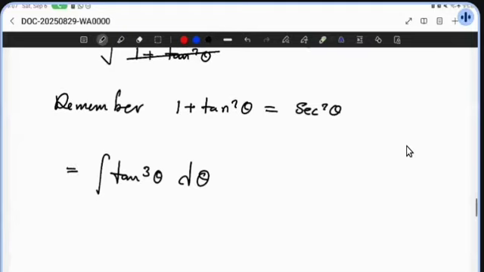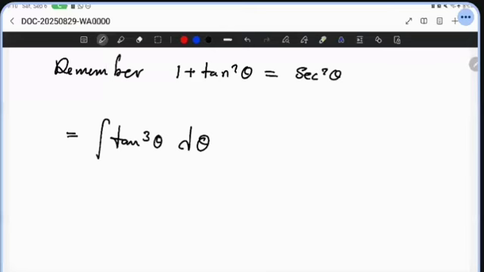How do you integrate tan to the power 3 theta? You guys have forgotten your integration. So to integrate, just as you guys pointed out, you're going to separate this.